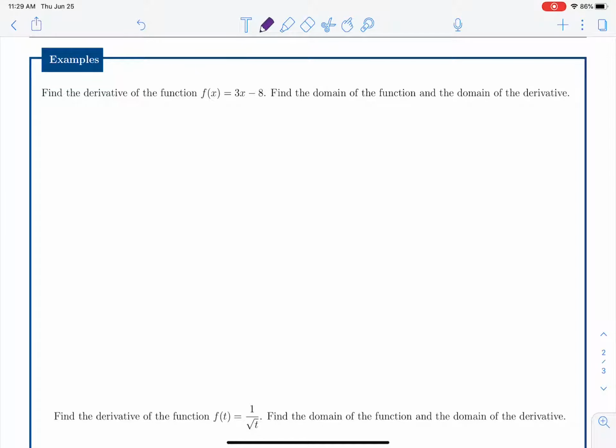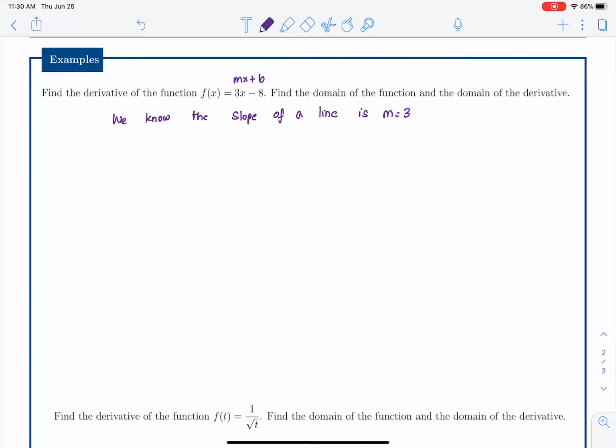So how do we find the derivative of f of x equals 3x minus 8? 3x minus 8 is a line, so it is of the form mx plus b, and we know the slope of a line is simply m, and in this problem it is 3.